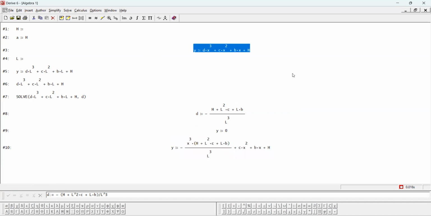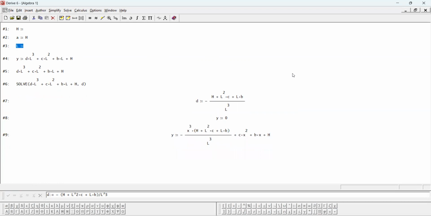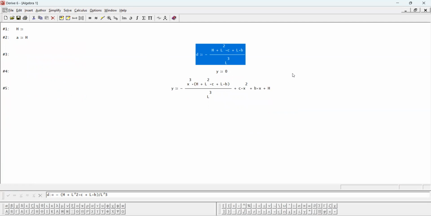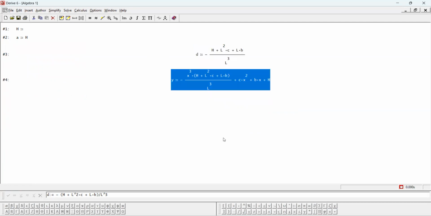Now we have some terms that we should get rid of here. Since this is a form now, we have here b and c. Now we want the slope at x equal to L to be 0. So I want to differentiate this term only.